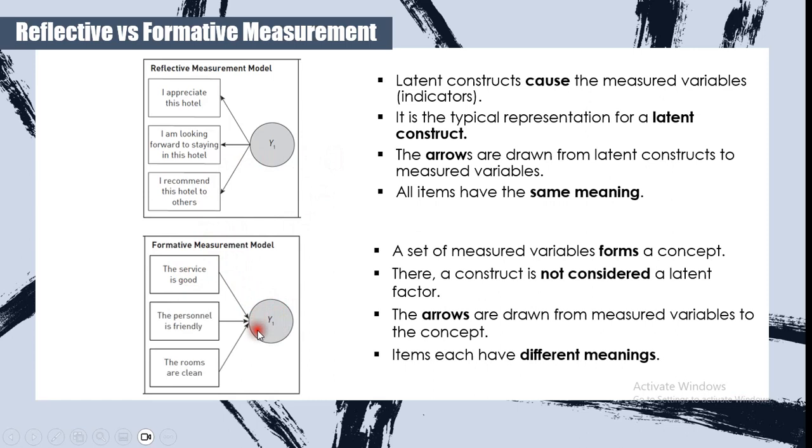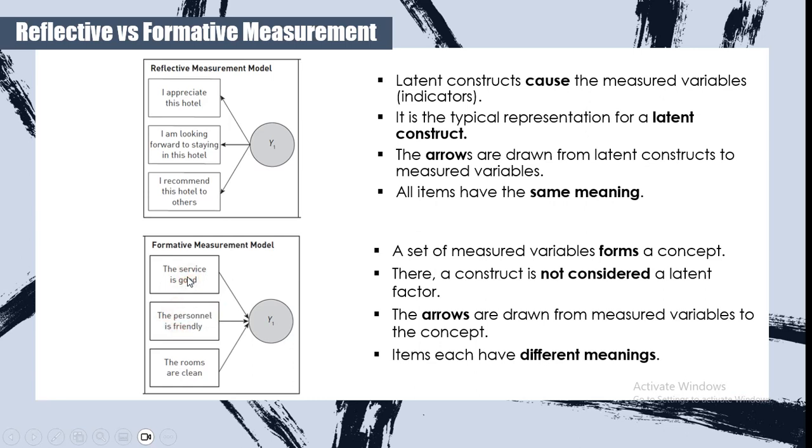the construct. Here we do not call it the construct, because the items measured have different meanings and are actually causing or forming the concept. Here the arrows are drawn from the items to the concept. So here you can see the items have different meanings. The service is good. The personnel is friendly.